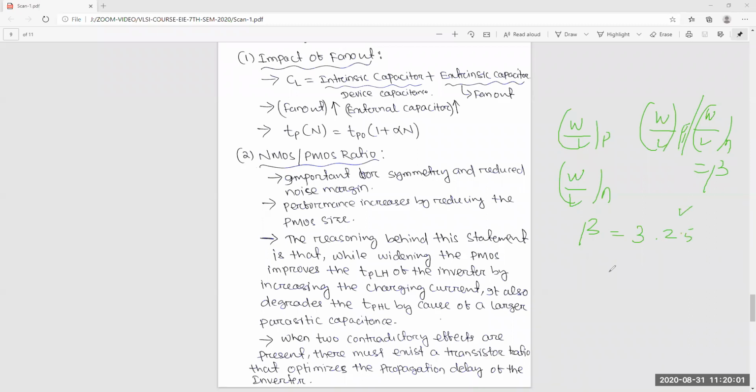So to get a symmetrical VTC, the input will exactly cross at half of VDD. This is your VDD, so VDD by 2.